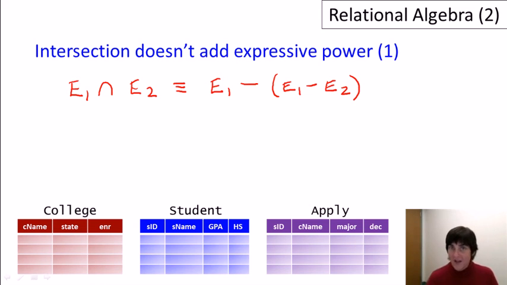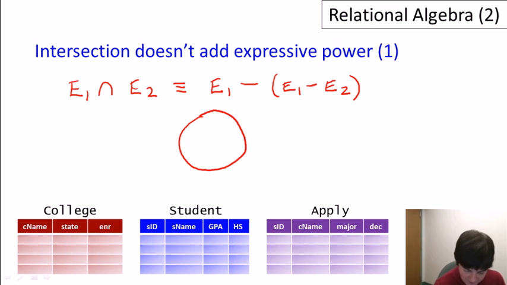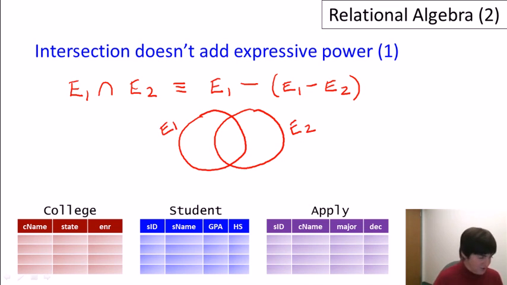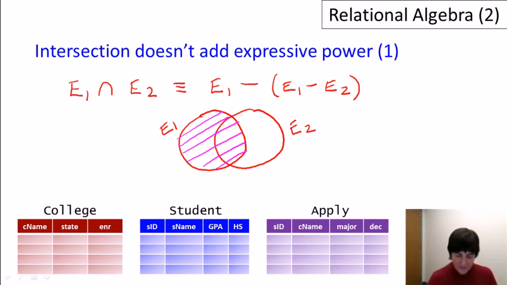Now, if you're not convinced of that immediately, let's go back to Venn diagrams. Again, a concept you probably learned early in your schooling. So let's make a picture of two circles. And let's say that the first circle represents the result of expression E1, and the second circle represents the result of expression E2. Now, if we take the entire circle E1, let's shade that in purple, and then we take the result of the expression E1 minus E2 here, we'll write that in green.